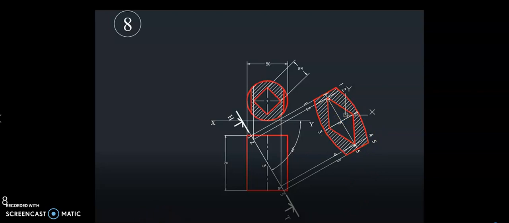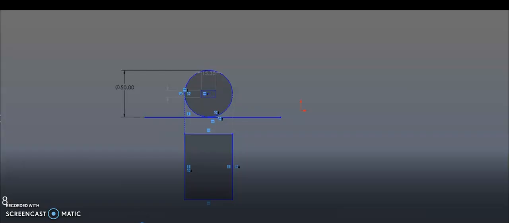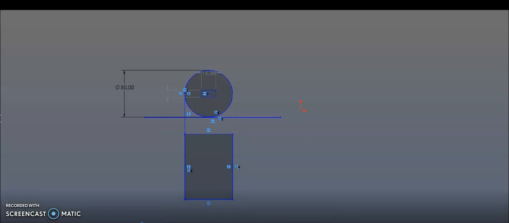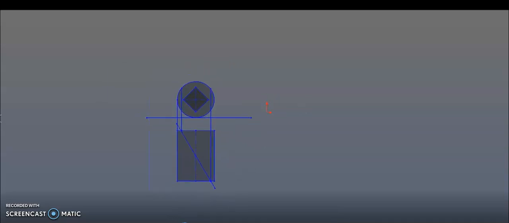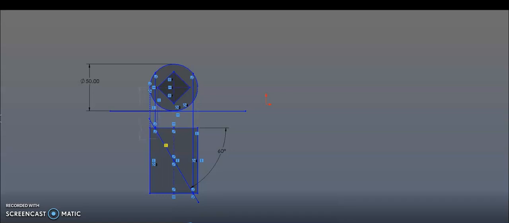If you want to know the procedure, you can watch the procedure here. Angle 60° marked. Cutting line located. Next step will be to identify the four corners of the four edges of the square hole.